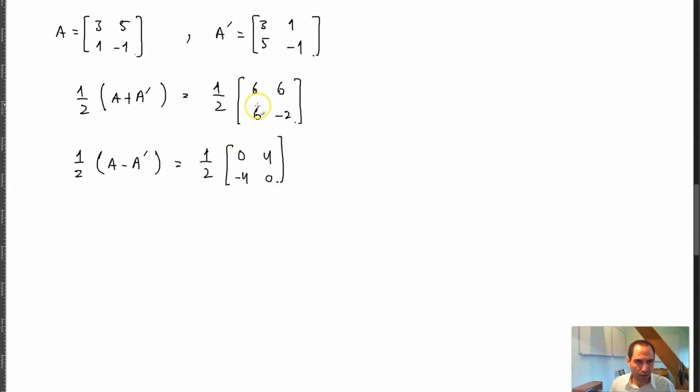And now I have to multiply here, so 6 divided by 2 is equal to 3, 3, 3, and -1. And this matrix would be 0, 2, -2, and 0.